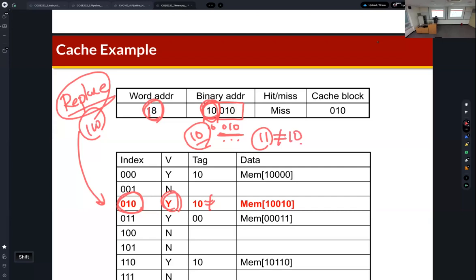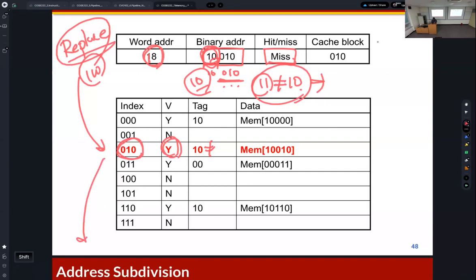In the target entry of the cache there is valid data, but this data is different from the request data because the address is different, which means that the tag is different. So it's a miss because the tag is not the same. In this case, we need to request data from the main memory because the request data is not found in the cache.